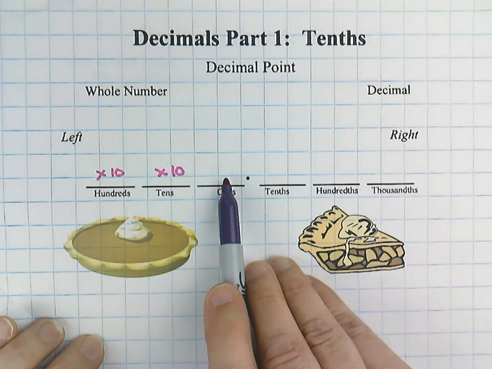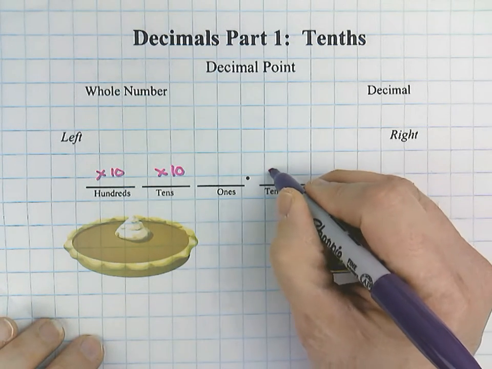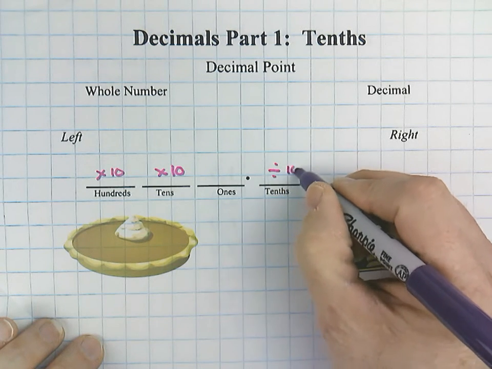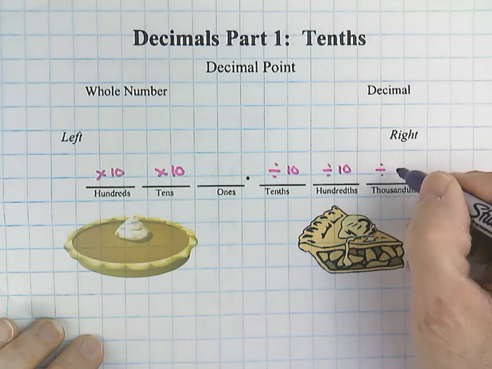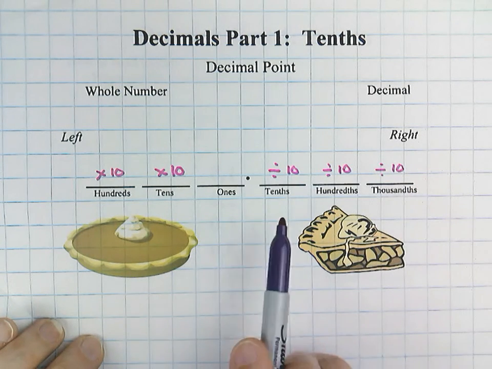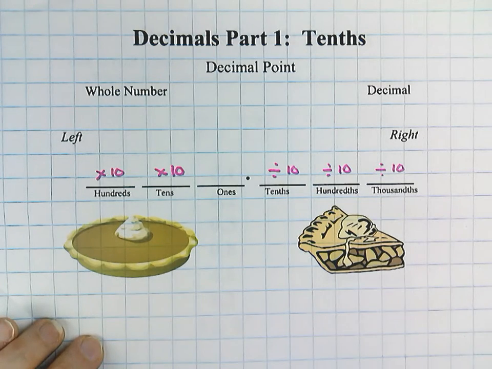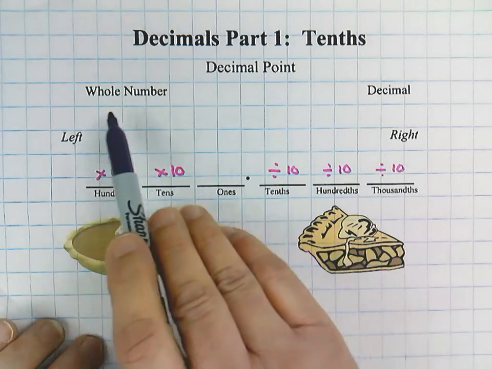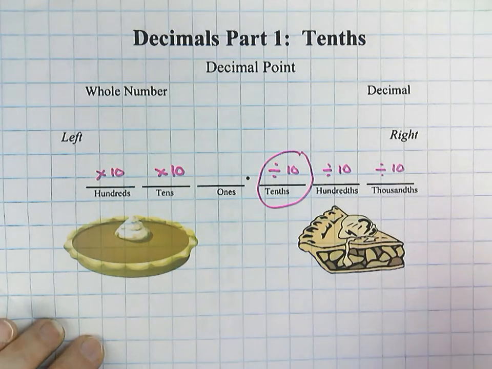Decimals are the opposite. If we have 1, instead of multiplying by 10, we are dividing by 10. In other words, we are getting smaller and smaller each time. And there are just as many place values on the decimal side getting smaller and smaller as there are in the whole numbers. But today we're focusing on the tenths.